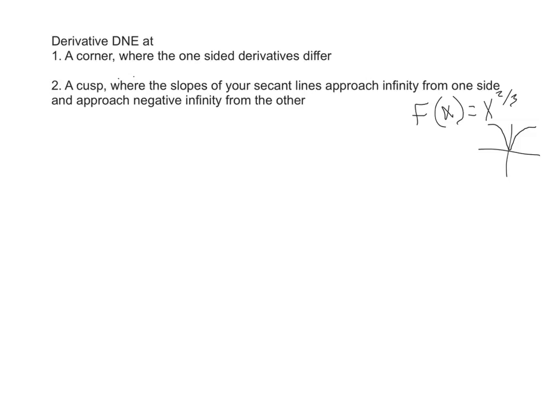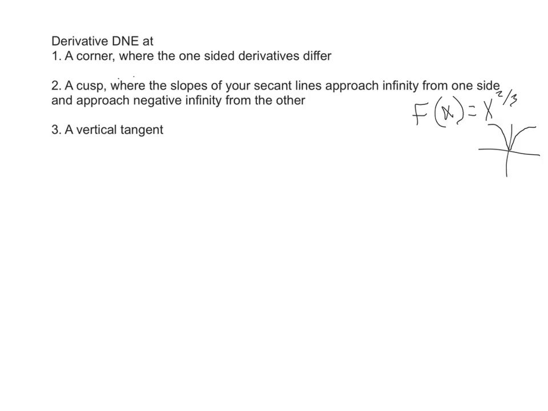Number 3, I always have trouble with this one. A vertical tangent. If you have a vertical tangent line at a point, the derivative does not exist at that point, at a vertical tangent line.